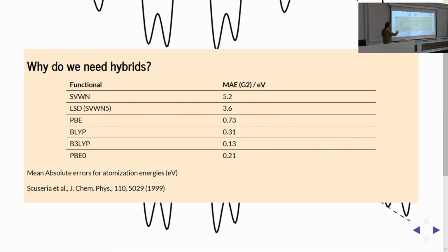If you go to the canonical GGA semi-local functionals that became very popular in the early to mid 90s, you see that they drop down significantly and they're getting towards numbers that are really rather useful. And then B3LYP, PBE0, these give another threefold reduction in error compared to PBE. And this 0.1 eV is getting down to the number that chemists would start to trust for thermochemistry. Still not great, but getting there.